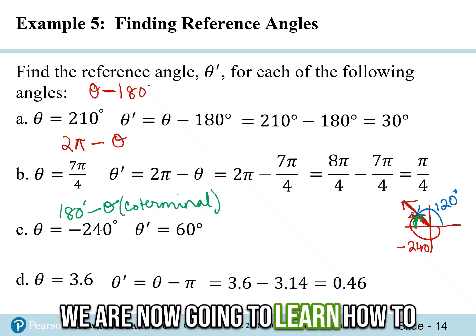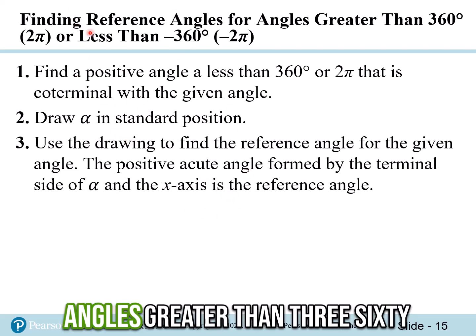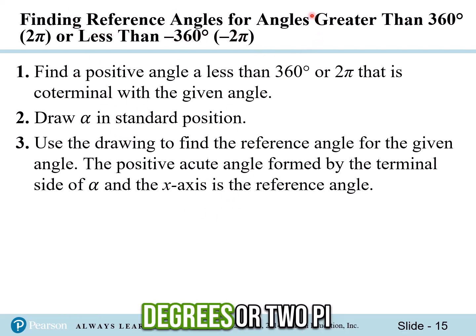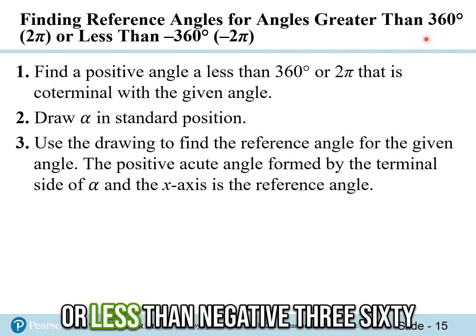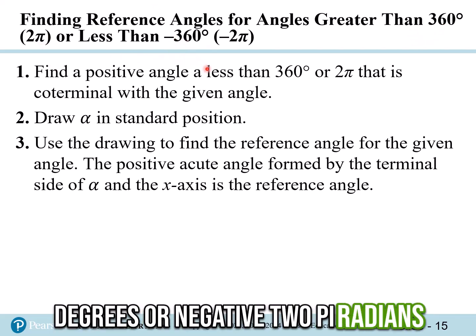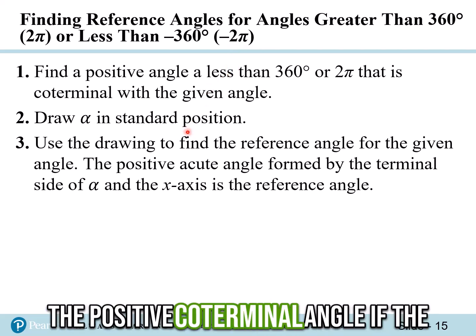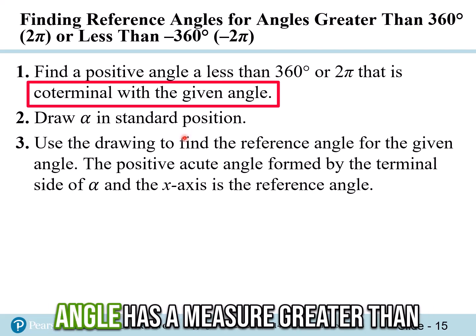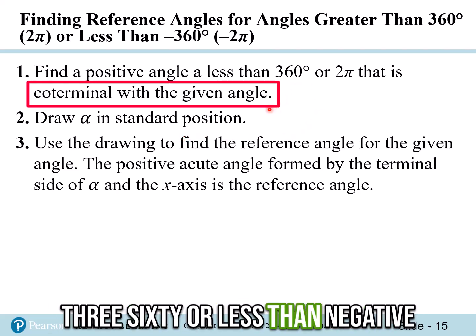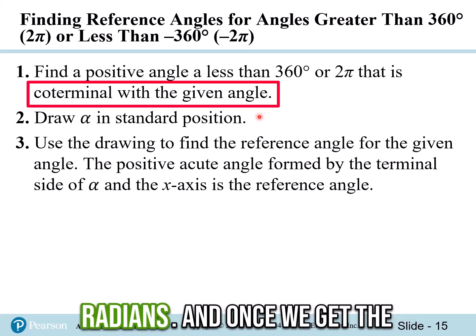We are now going to learn how to find the reference angles for angles greater than 360 degrees or 2 pi, or less than negative 360 degrees or negative 2 pi radians. Now the main idea here is to find the positive coterminal angle if the angle has a measure greater than 360 or less than negative 360, or its equivalent in radians.